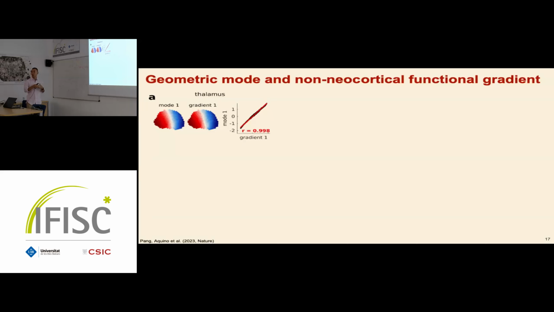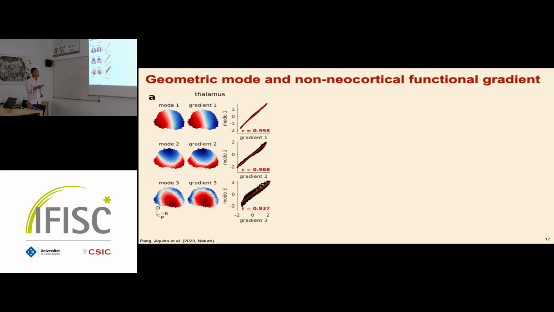When I got this result, I thought I was making an error. But it's true not just for the first one. You can go to the next gradient. The gradients are arranged in terms of the amount of variance they explain in your data, and we see the same effect. The modes and the gradients seem to be almost perfectly aligned.